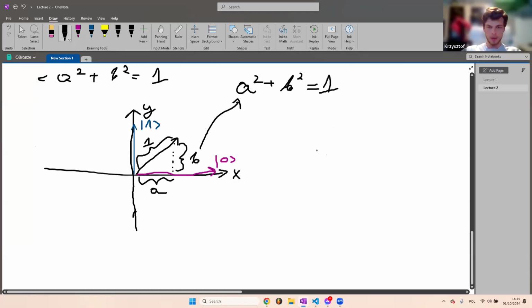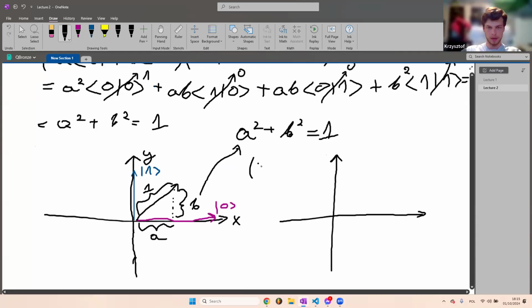But you can also try to imagine the qubit differently. Instead of describing our vector as a and b, we can also describe it with an angle theta.